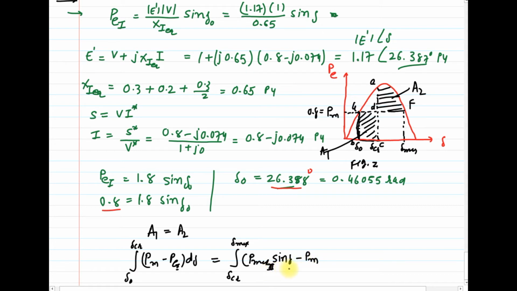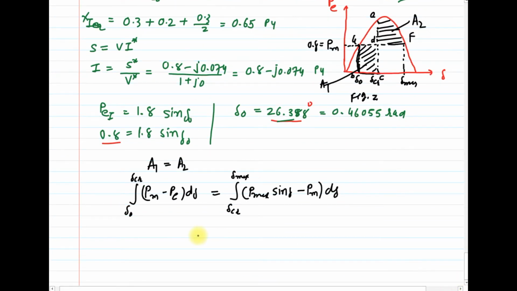Or PE is equal to, just write over here, do not get confused, Pmax sine delta minus PM to T delta. Clear? Now just solve this equation and make the subject delta CR from this solution.